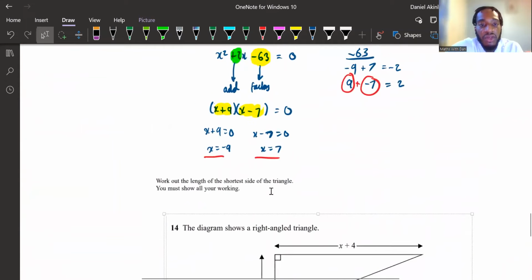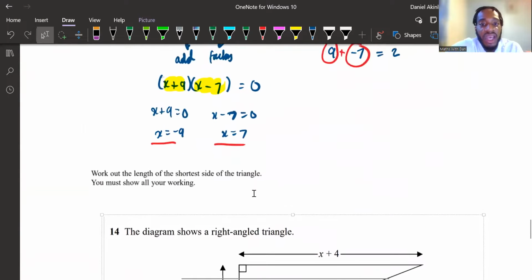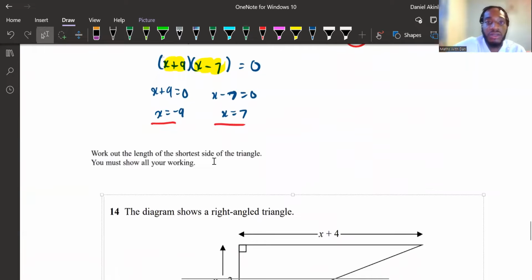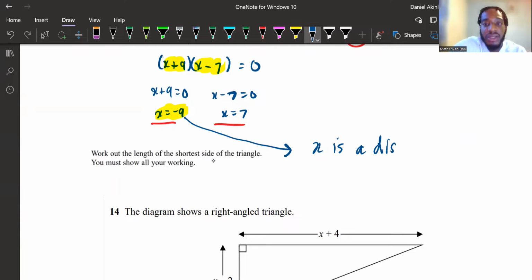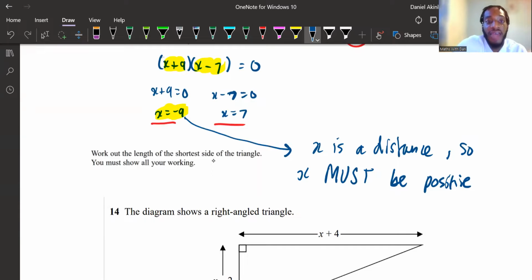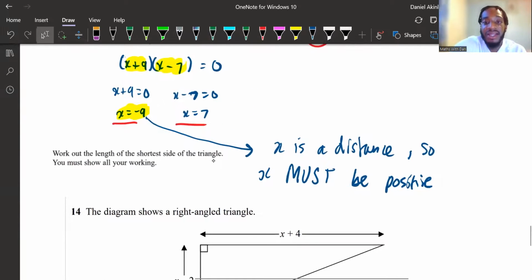Well, we've got two values of x, right? But what does x represent? X represents a distance, right? So if x represents a distance, we know that distances cannot be negative. So x must be positive. This tells me that I can disregard x equals -9 and that the actual answer must be x is equal to 7.